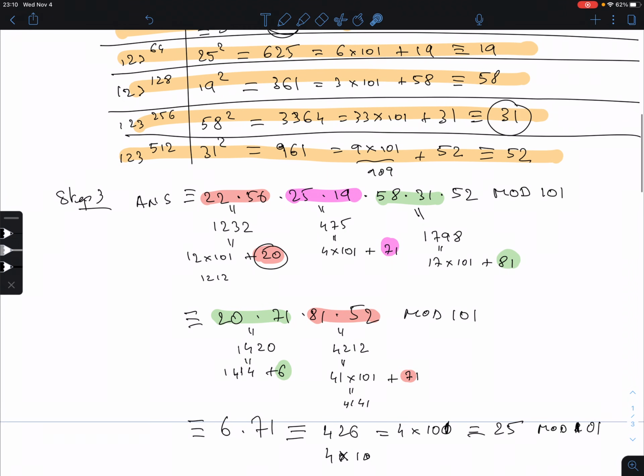20 times 71. 1420 divided by 101, 14, okay. So, okay, that is 6. And then the other one, 81 times 52, 4212, that is 4141.